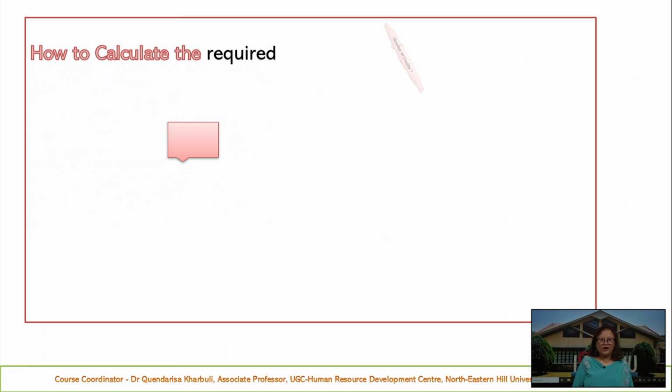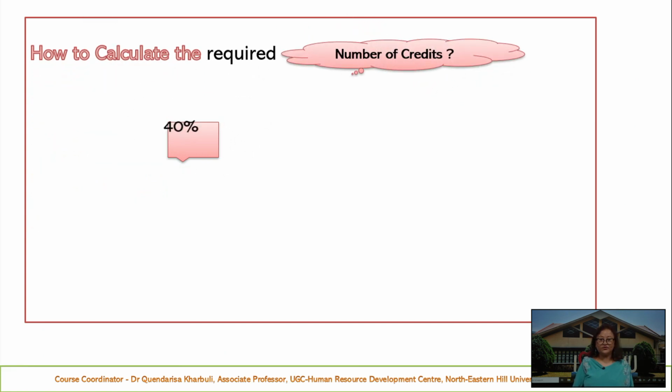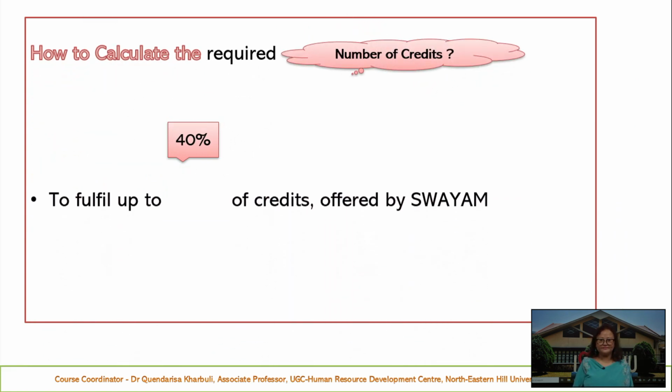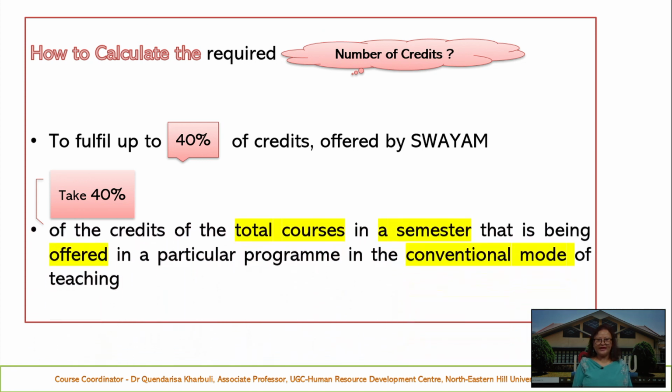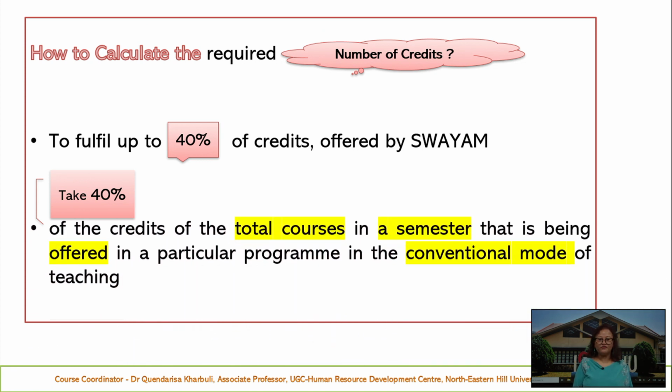So how do we calculate the required number of credits to fulfill up to 40% of the credits offered by SWAYAM? Now you can do this by taking 40% of the credits of the total course in a semester that is being offered in a particular program in the conventional mode of teaching.